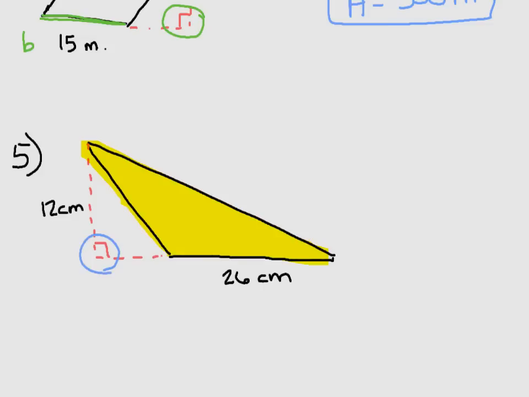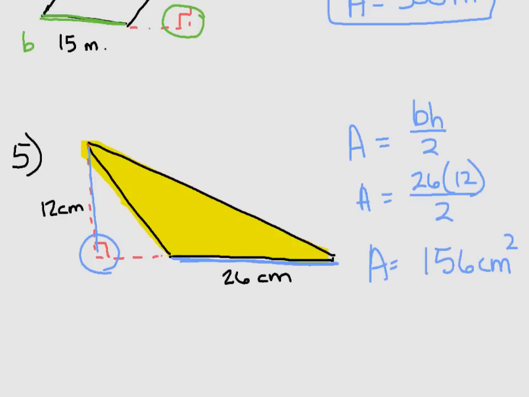Notice here's my right angle, so the base is 26 and the height is 12. Okay, go ahead and choose the right formula. Find the area of that triangle. Come on back and check your answer. So pause the video now. The area of the triangle is 156 centimeters squared. Check your work, please.